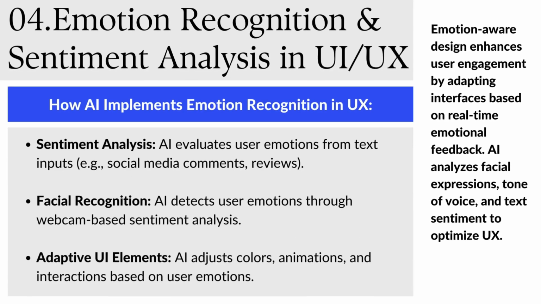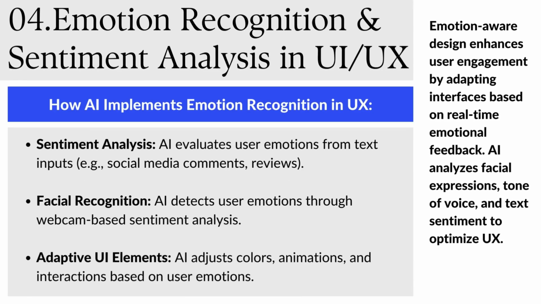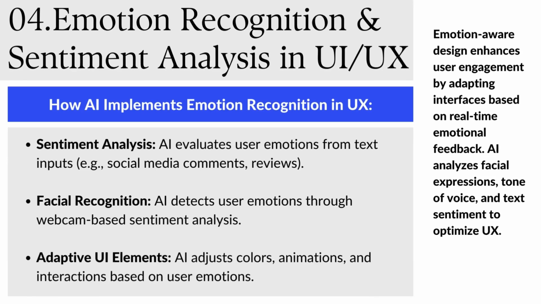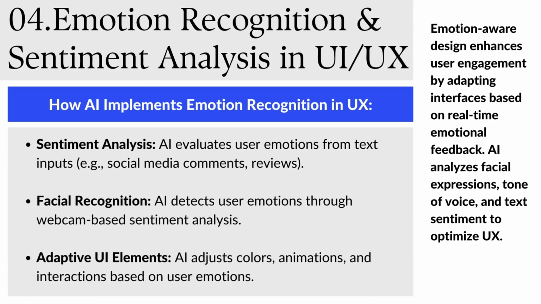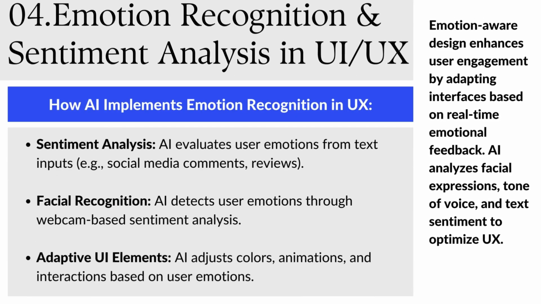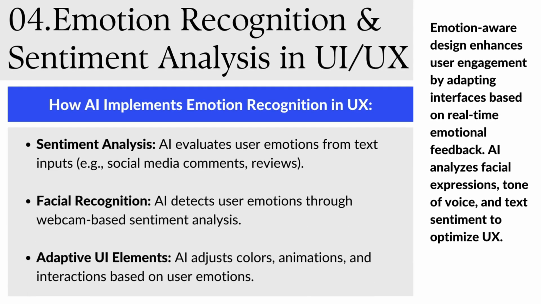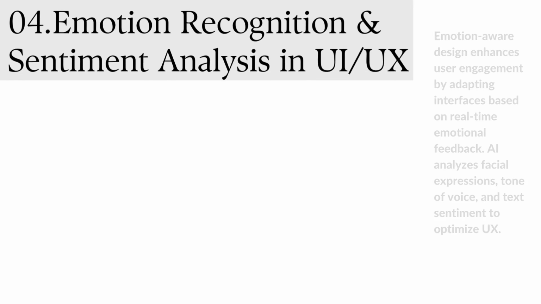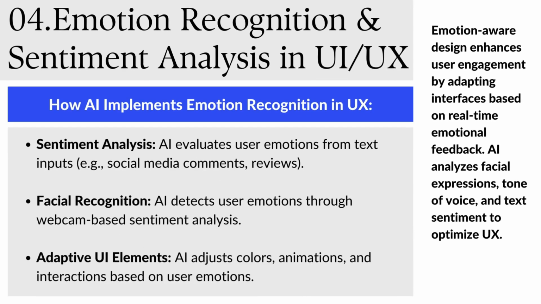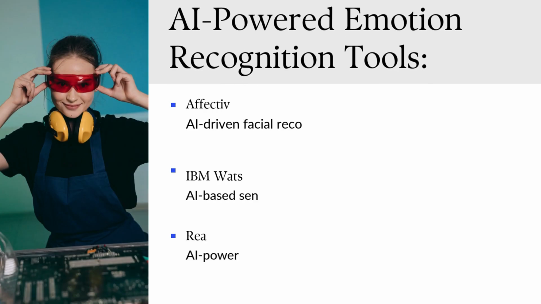Next is what we call adaptive UI elements. With this, AI adjusts colors, animations, and interactions based on user emotions. And that's beautiful, guys.